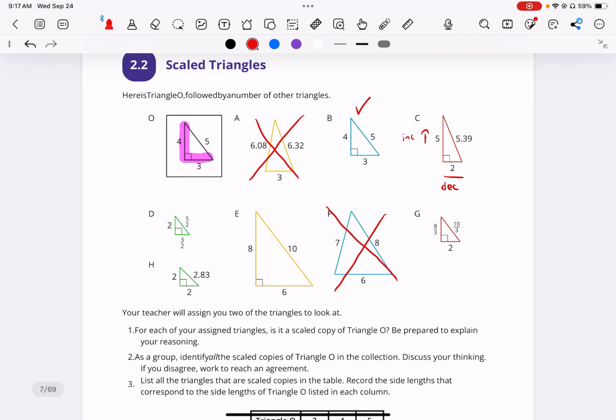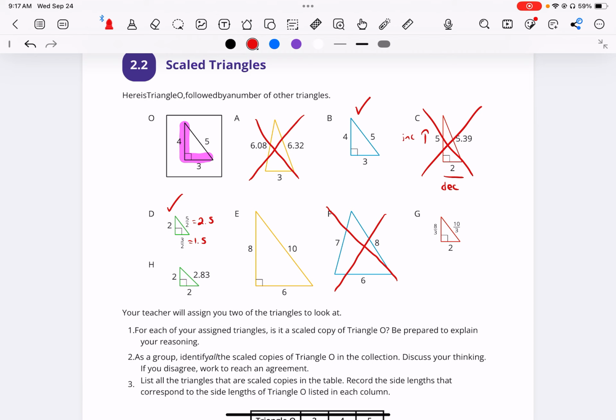And in a scaled copy, it has to increase the same way, so C is not a scaled copy. D, I noticed 4 went to 2, so that got cut in half. 5 divided by 2 is 2.5, which is half of 5. 3 over 2 is 1.5, which is half of 3, so D is a scaled copy.